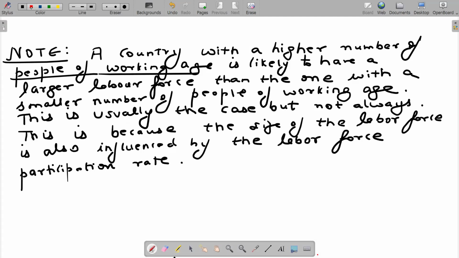So I can write this. Let me first of all define labor force participation rate. In red color, I'm just defining it.